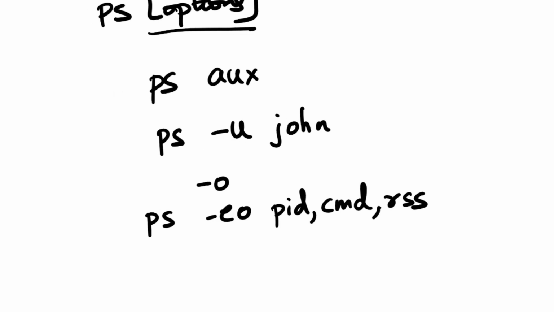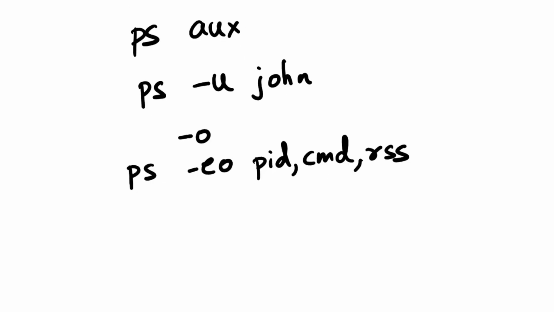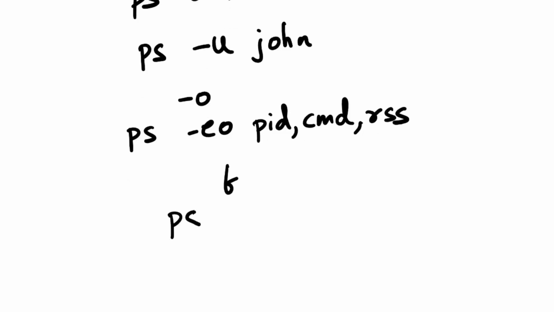This will allow you to create a custom output format by specifying the desired fields. To display parent and child processes in a tree-like format, you can use the option f. You can just say ps -af. This is useful for understanding process hierarchies and relationships.